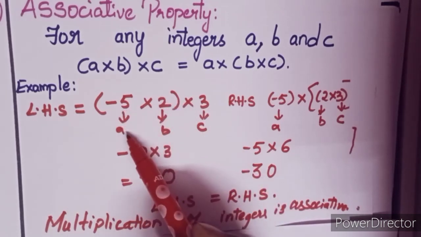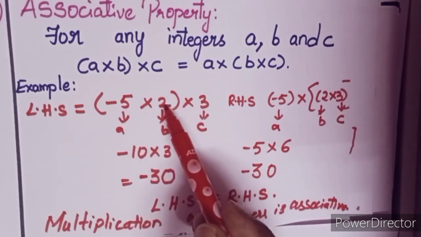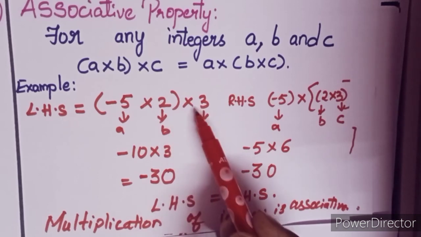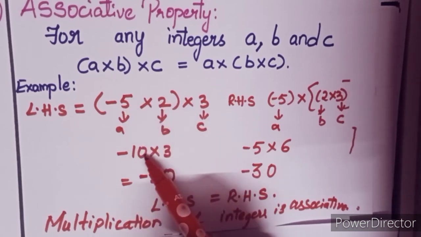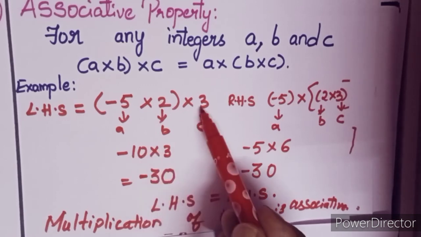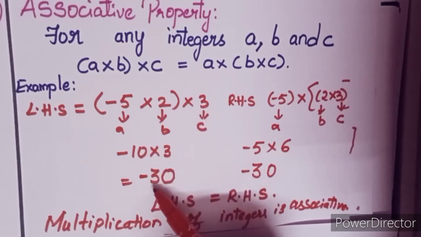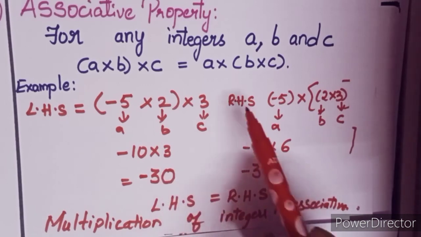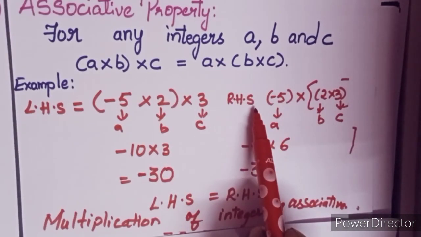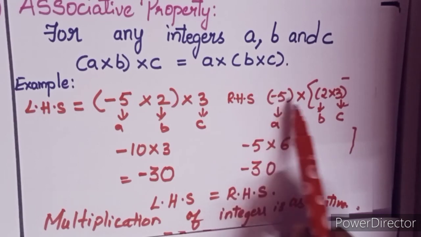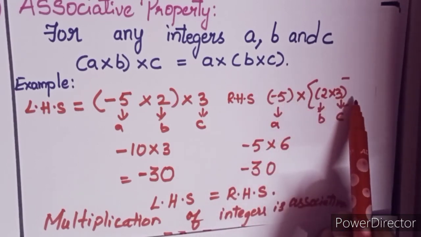So minus 5 is a here, children, 2 is b, 3 is c. So minus 5 into 2, 5 twos are 10, minus 10. Then minus 10 into 3, so minus 30, children. Now we are taking the RHS, that is the right hand side.